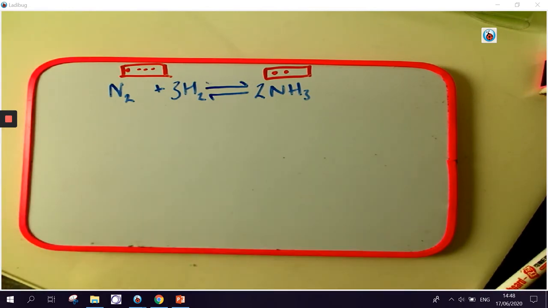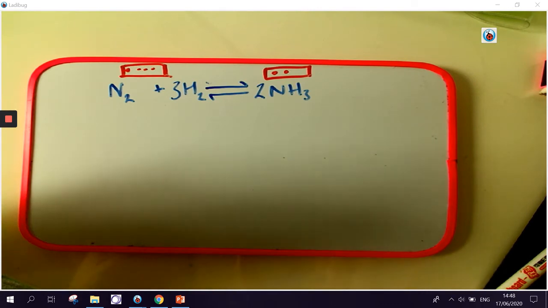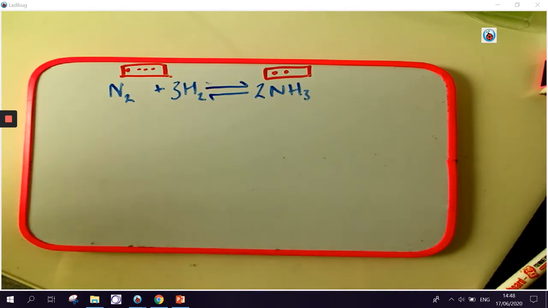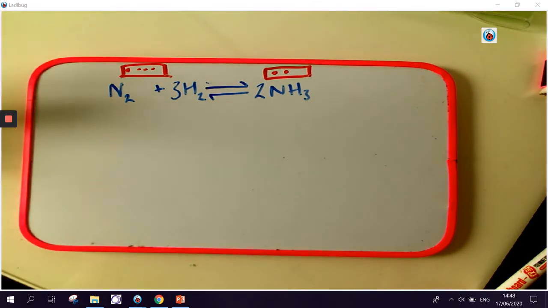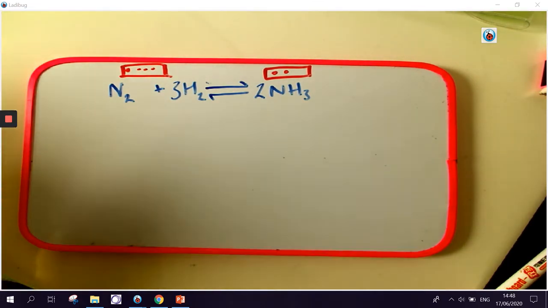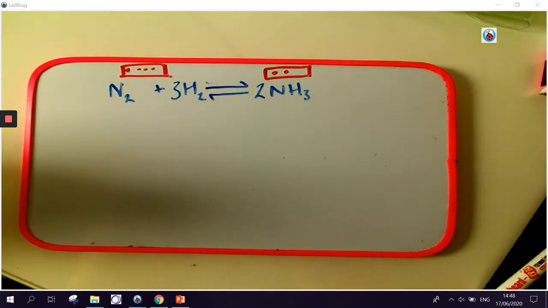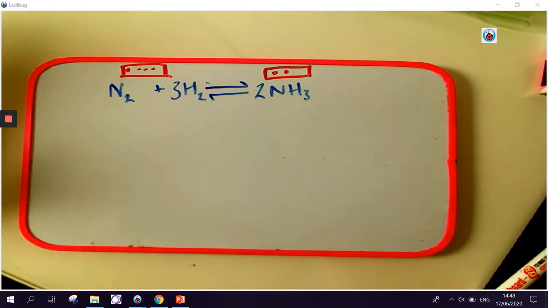Now, a lower pressure would be a side with less molecules on. So if we are thinking about counteracting the changes here in this reversible reaction, if we put this under stress by increasing the pressure, it will shift to the side with less molecules to counteract that change.